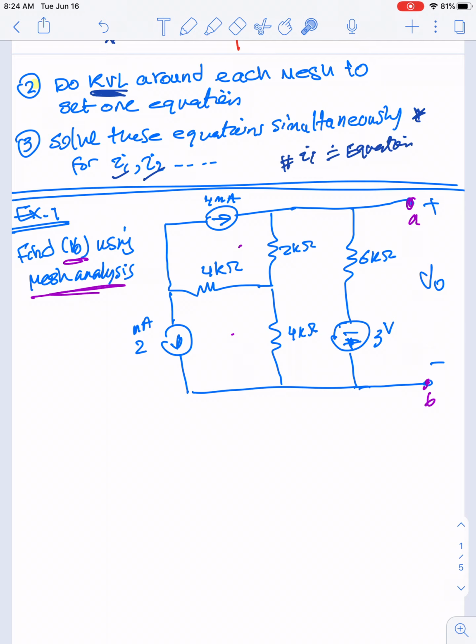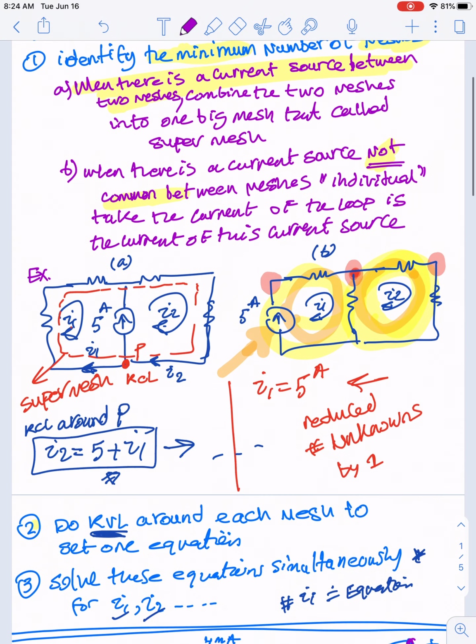So I will identify three different currents. Let's say this is I1, this is I2, and this is I3. So we identified three meshes. The first step is to reduce this number of meshes using the two tricks.